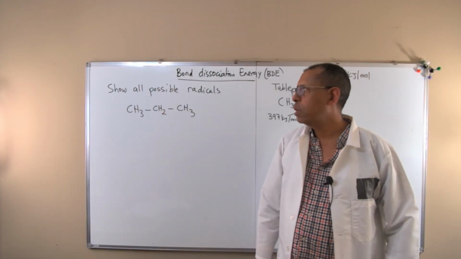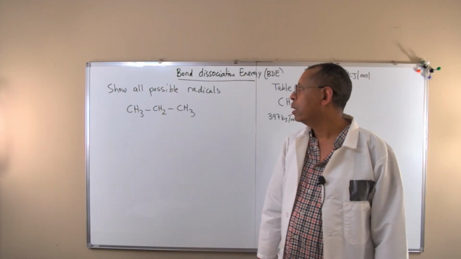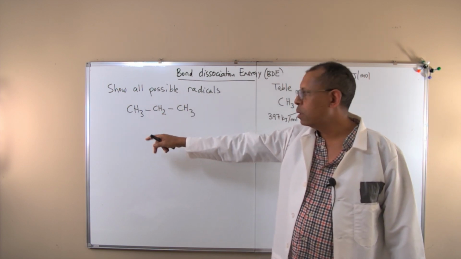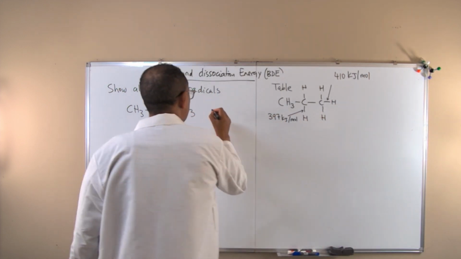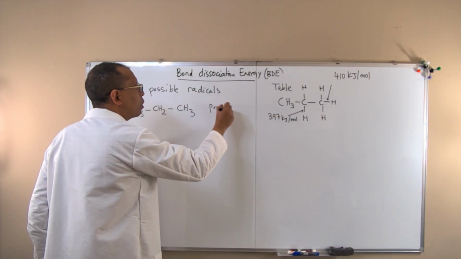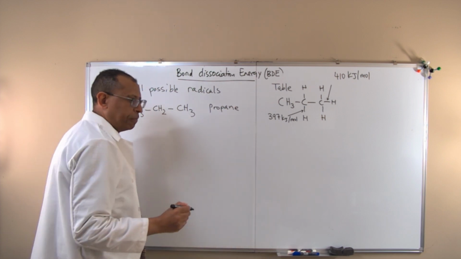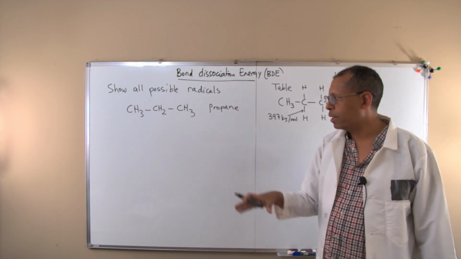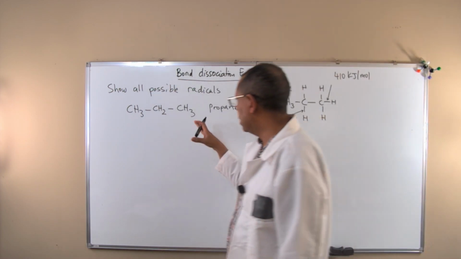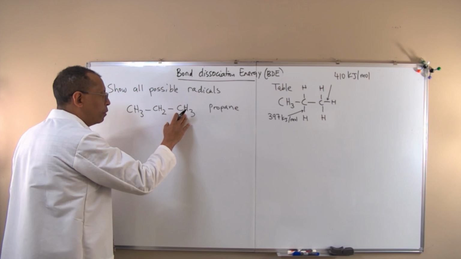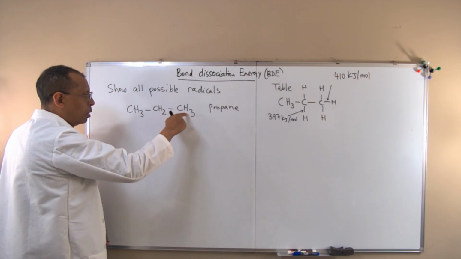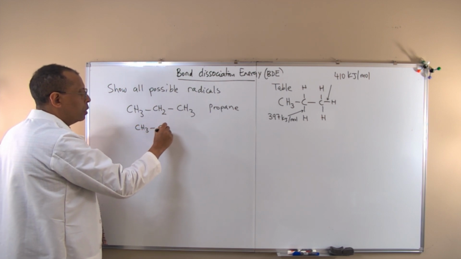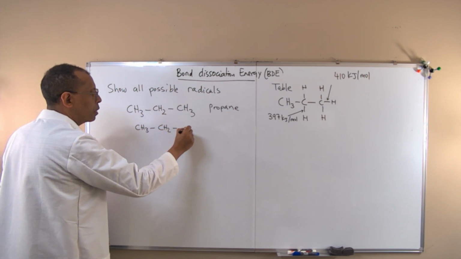Welcome back. We start now by showing all possible radicals for this compound, which is propane. A free radical is formed when a carbon-hydrogen bond is homolyzed. Homolytic cleavage of, for example, one of these hydrogens would result in the formation of a radical.